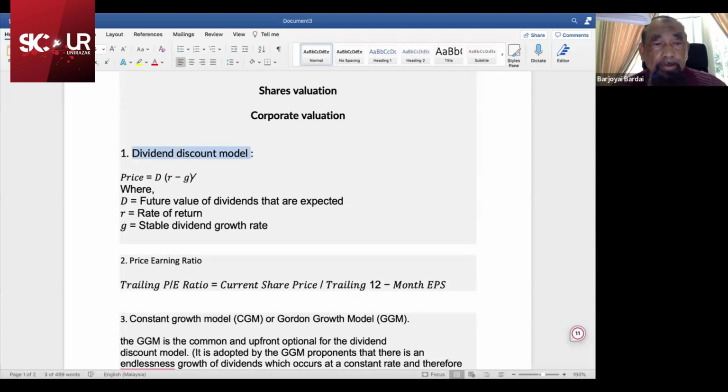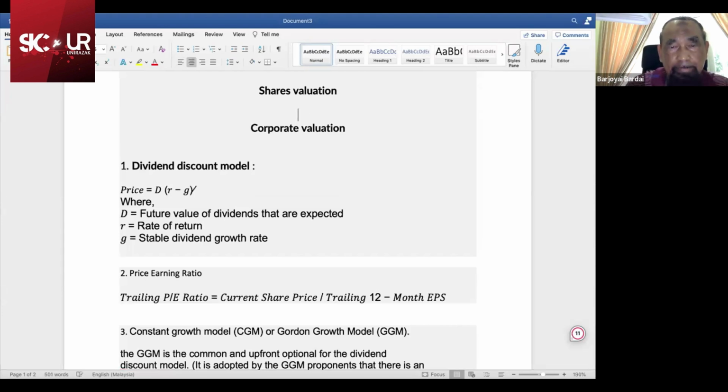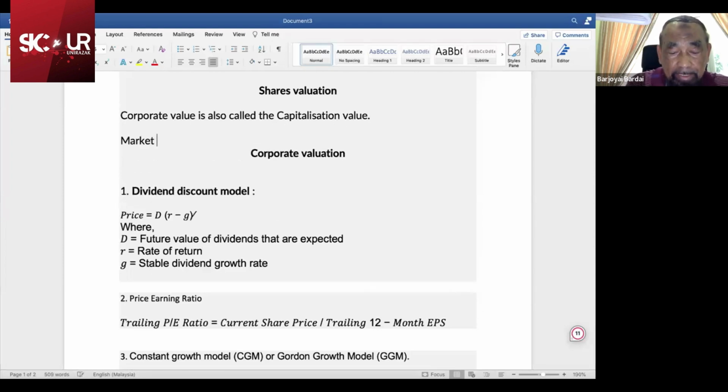So basically, share valuation is equal to corporate valuation, because essentially the corporate value is also called the capitalization value, and market capitalization is equal to share price multiplied by number of shares.